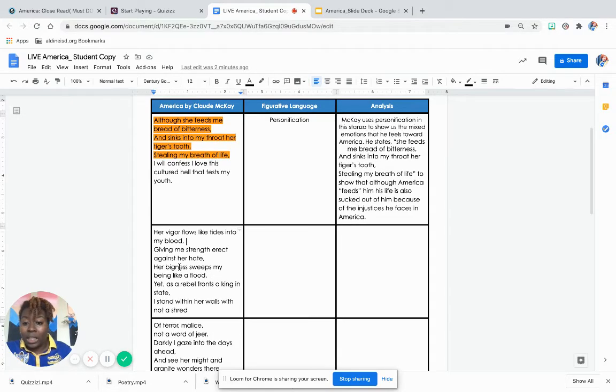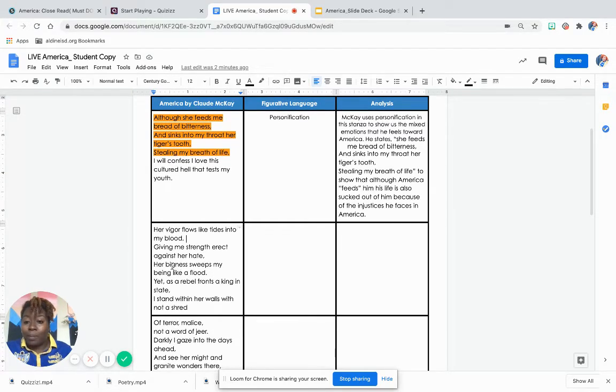And we also see that he's comparing America's bigness that sweeps his being like a flood, like a flood. Yet as a rebel fronts a king and state.